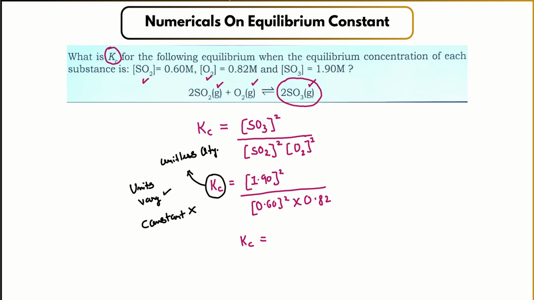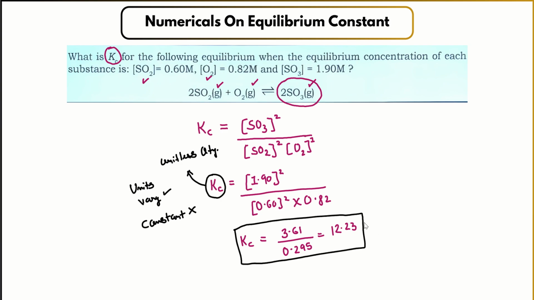So after solving, it will give you 3.61 upon 0.295, which will come out to be 12.23 is the answer. So you have found out the equilibrium constant by putting the values, and 12.23 is your answer. Okay.